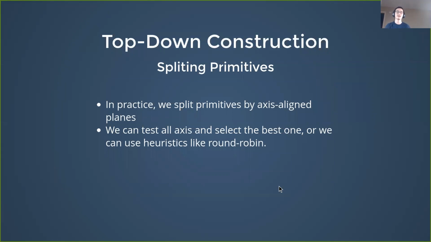We can either test all the axes and select the best one, or we can use some heuristic such as round robin, which just means the first time we select the x-axis, the second time the y-axis, then z, and then x again.